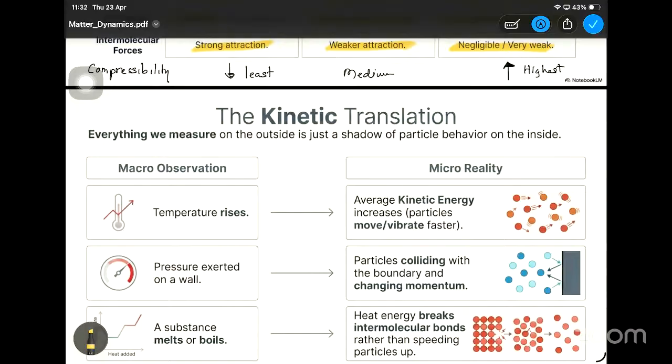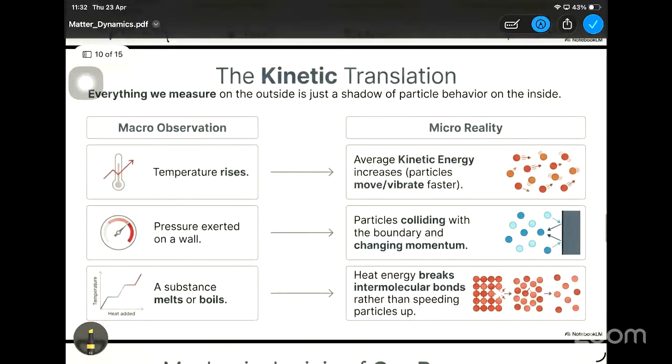Macro means the big picture, and micro means you are going into molecular levels. If the temperature rises, that is the macro observation, the big picture that you are going to see. It means the average kinetic energy of the particles increases, so the particles will move faster or vibrate faster, right?